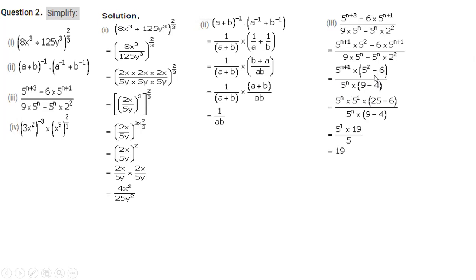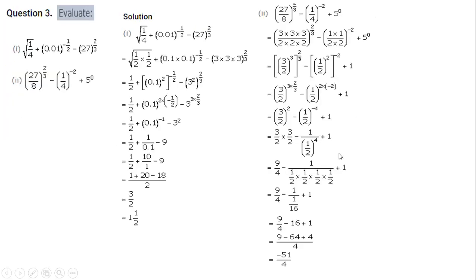This one as it is: 5² is 25, minus 6; 9 minus 4 is 5; 25 minus 6 is 19. First of all, cut this 5^n with this one, 5 with this one, and we are left only with 19. Try to solve the fourth part by your own.